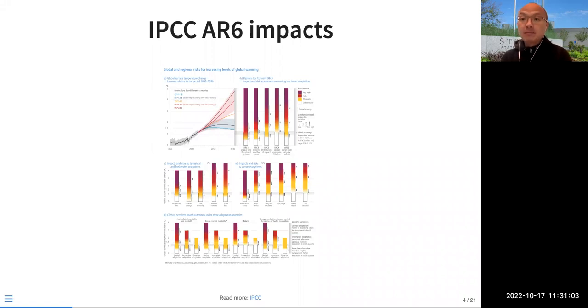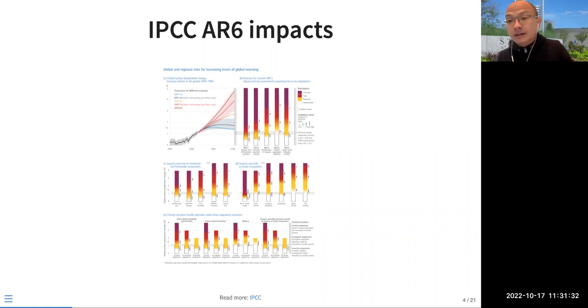Some focus on impact, some focus on adaptation, some focus on mitigation, so they have different focuses, but they all try to assess the impacts and our pathways, or how we address those questions, or the climate changes.